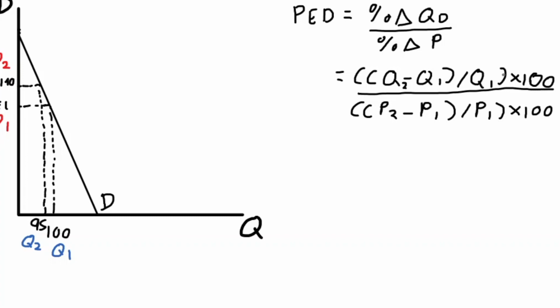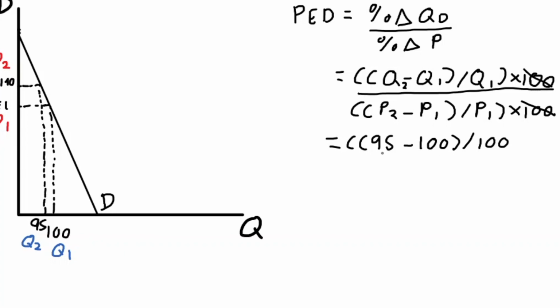And if you've seen the last video, you will have seen that the hundreds here we can cancel out above and below the line, and we can make that formula a little bit shorter for ourselves. So Q2 in this case is going to be, if we look at our graph, 95. So we can put in our information: 95 minus Q1, which we know is 100, and that's all divided by 100.